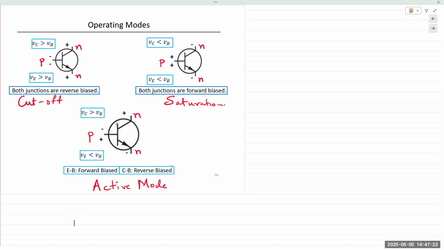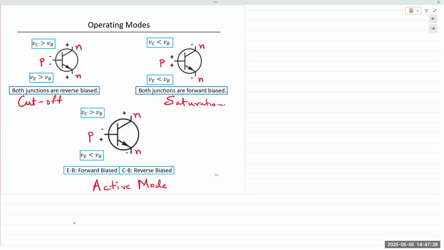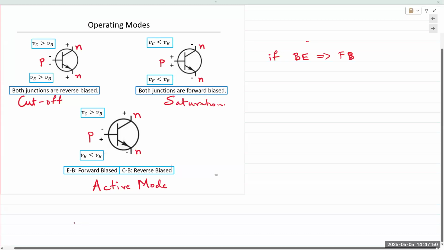That's not shown here because it's irrelevant or immaterial.